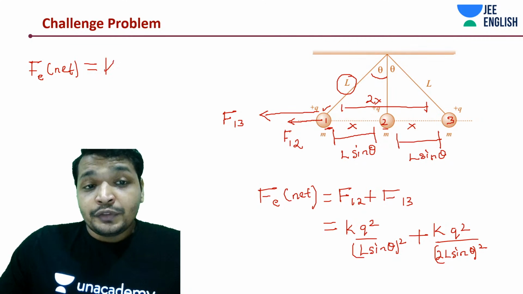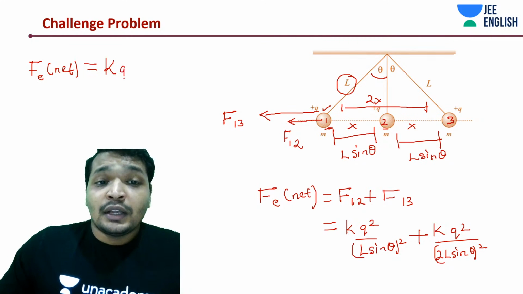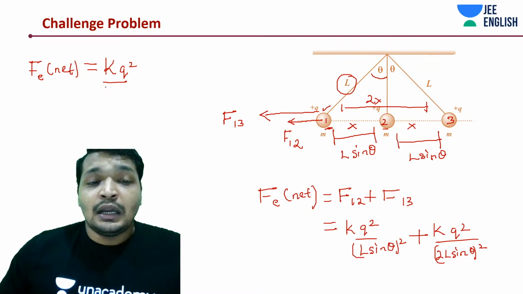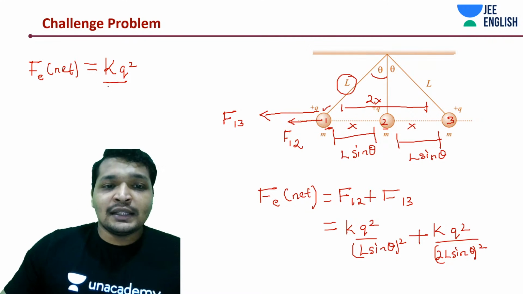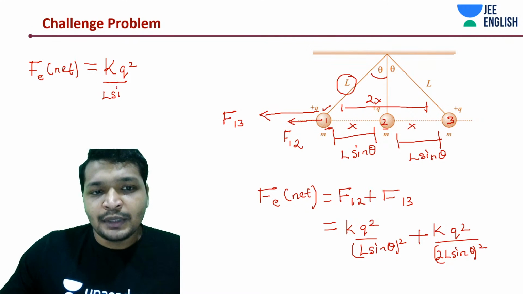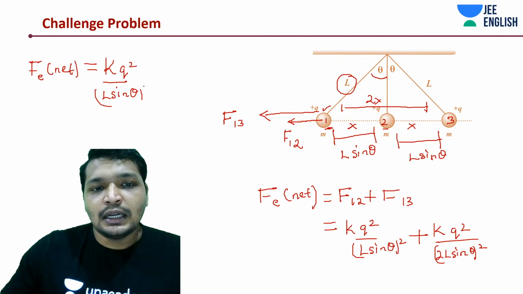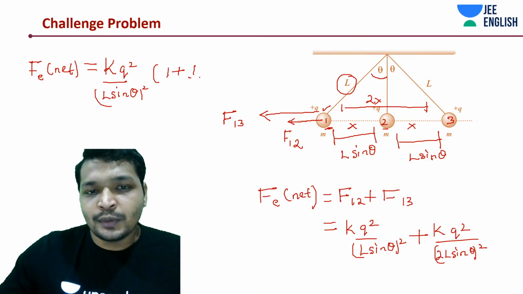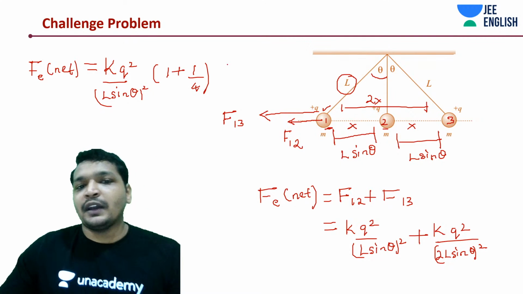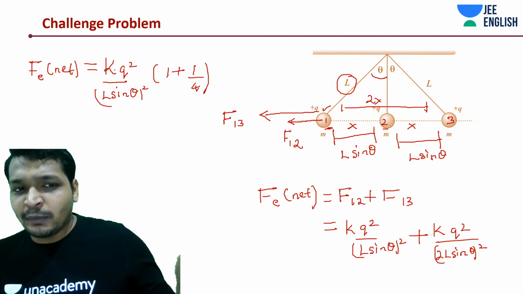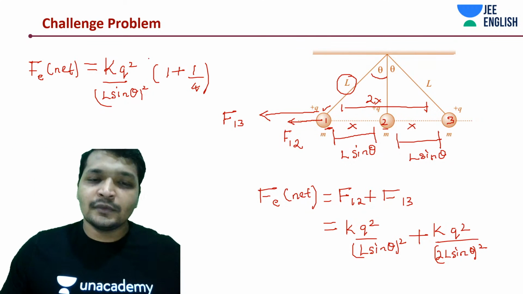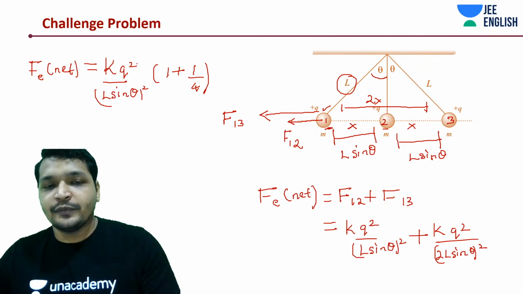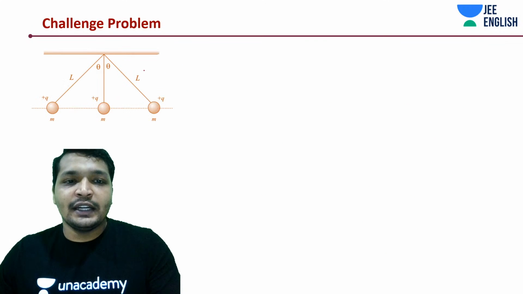And one of the most asked kinds of questions in your model problems in your exam. So L sin theta whole square, this whole thing can be taken out as common, and that is going to be 1 plus 1 by 2 square, which is nothing but 1 by 4. So there would be a 5 by 4, 1 by 4 pi epsilon naught, it should have been 16 by 5. Right? Simple. All right, anyway, let's do this.